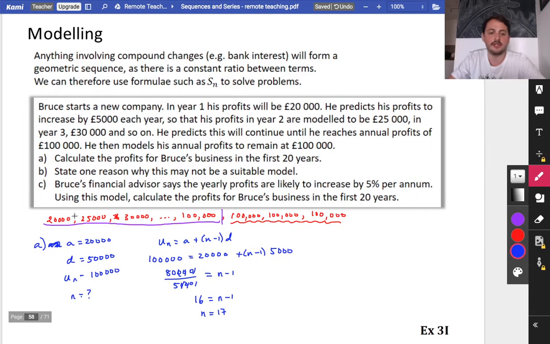So what we now need to do is find out how much money he makes in these first 17 years, and then we're going to add on an extra 300k afterwards. So we're actually trying to add up the first 17 terms. Now, in this case, because I know what the last one is, I'm going to use my formula, which is the sum to n is n over 2, first plus last, okay?